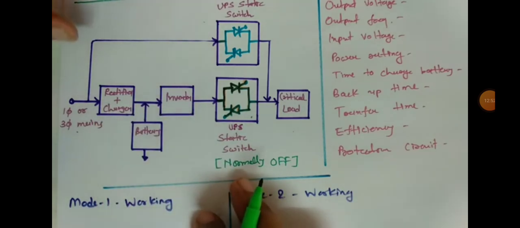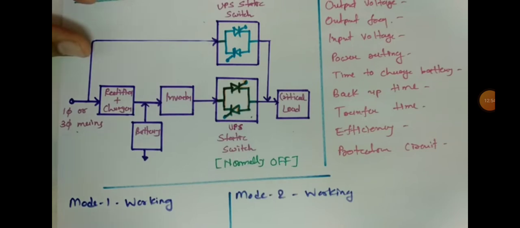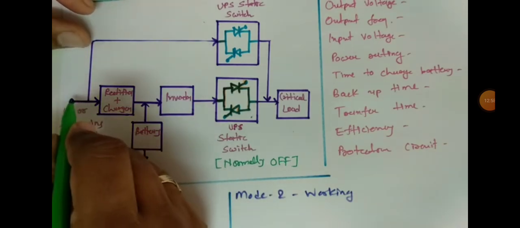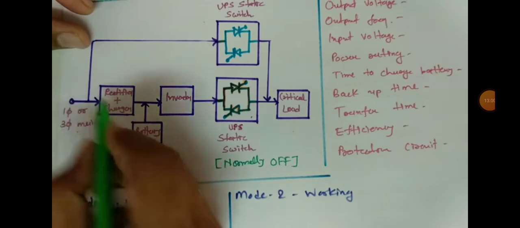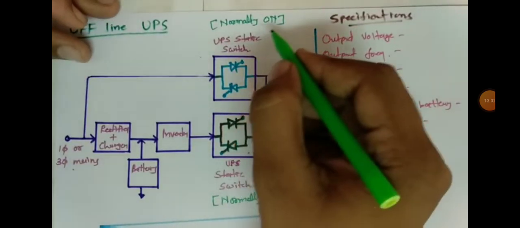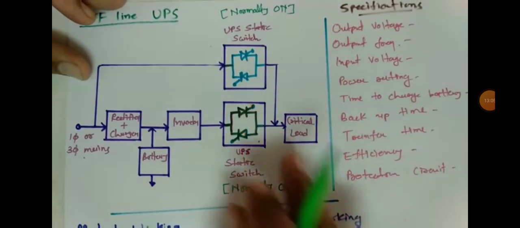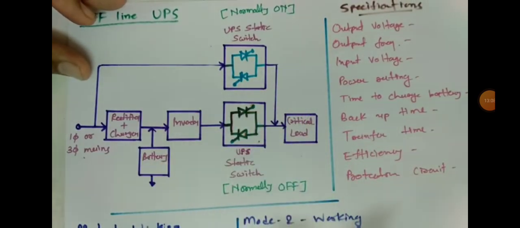So let us begin with what if the mains is on. So when the mains is on, at that time this normally on switch is on, and this normally off switch is off.